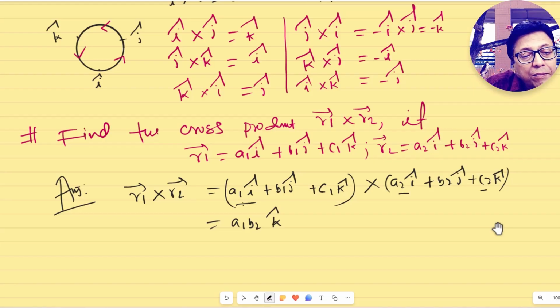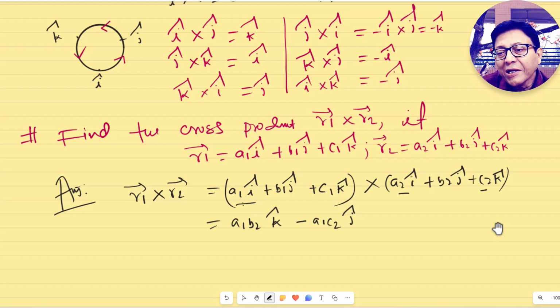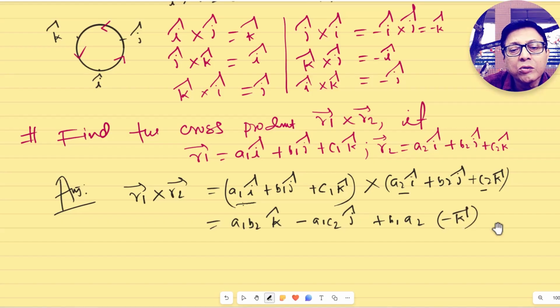R1 cross R2, you can write A1 I plus B1 J plus C1 K cross A2 I plus B2 J plus C2 K. If you go step by step, I cross I will be 0. A1 B2 I cross J will be K vector. A1 C2 I cross K will be minus J vector.